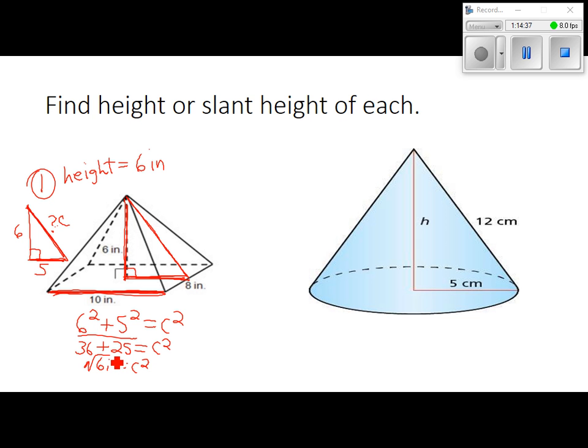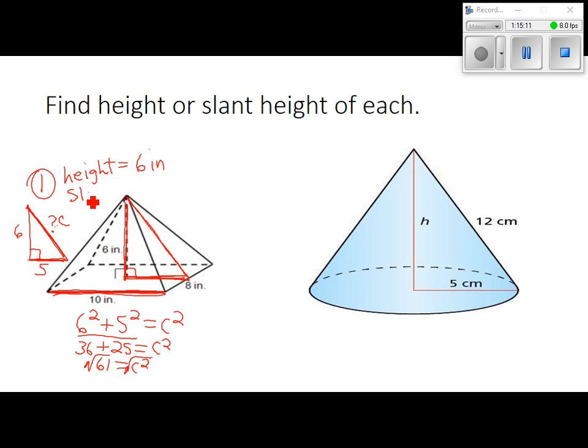Then what we have to do is take the square root. And that's going to tell us this slant height. So if I grab a calculator and I find the square root of 61, I end up with about 7.8.